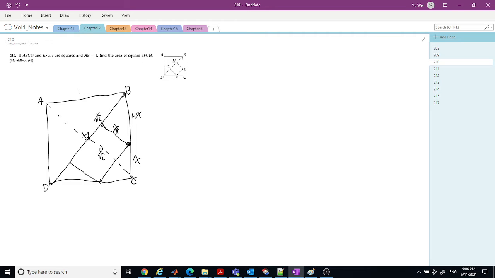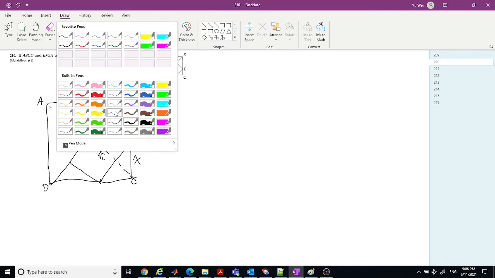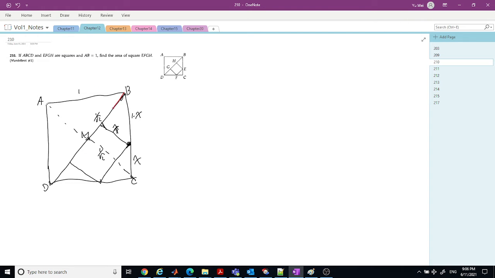So we have similar triangles: triangle BEH is similar to triangle BCM.